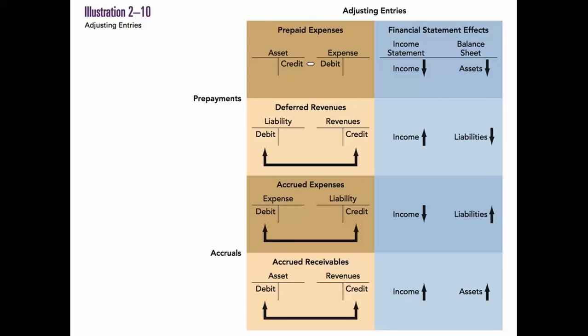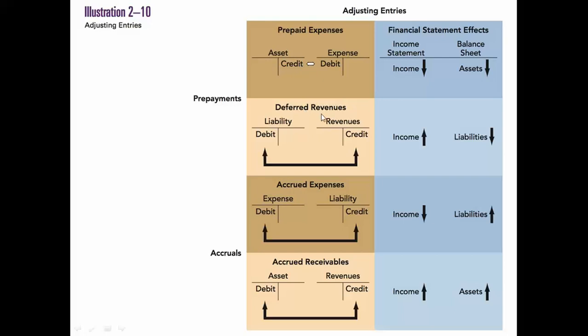At the end of the period, we have 300. So 600 of that needs to be adjusted for or accounted for. And how this affects the financial statements, since we are increasing expense, we're basically going to decrease our net income, right? Because there's more expense, so we have less net income. We're also reducing our assets because we're crediting the asset.